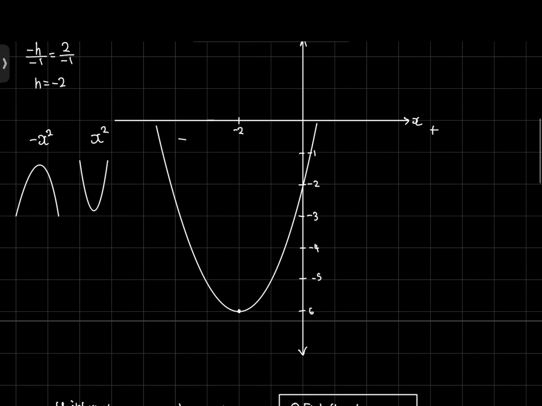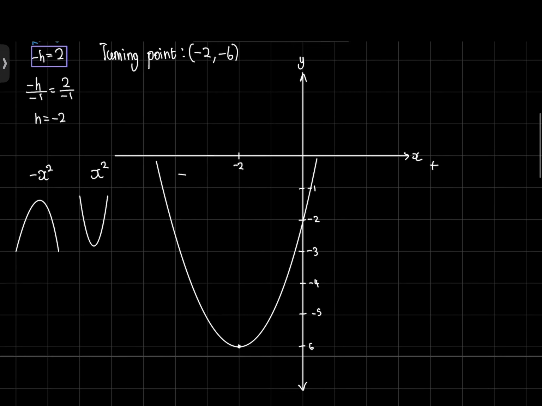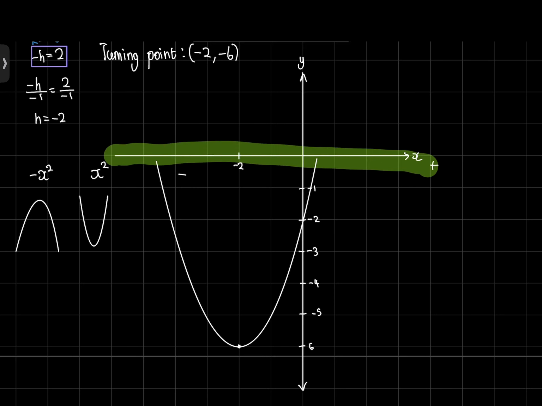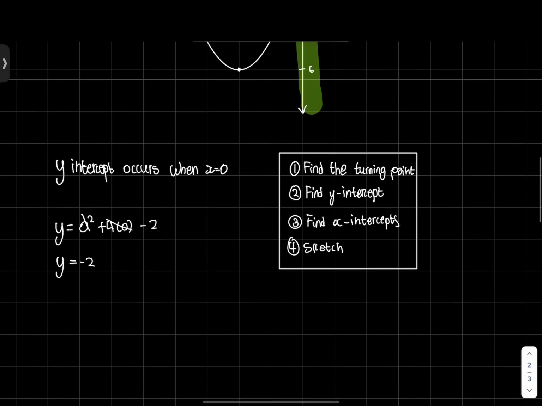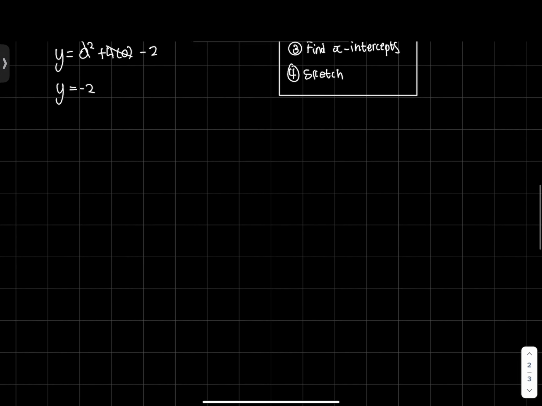And actually, I recommend drawing the curve first because you're going to be basing the y and x-axes off of your turning point. For example, if a graph's turning point was above the x-axis, then the x-axis would be below. But if a graph's turning point was below the x-axis, then the x-axis is going to be above.